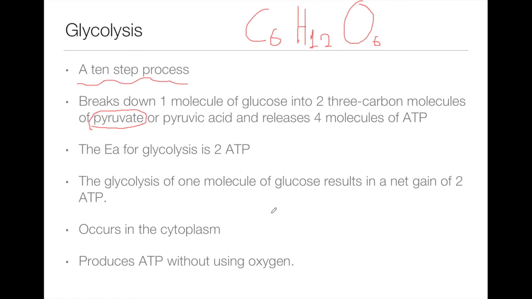And in the last steps of the 10-step process, we've got energy to create 4 ATPs. We used 2 ATPs, therefore the net gain for the cell is 2 ATP molecules. Glycolysis takes place in the cytoplasm of a cell.